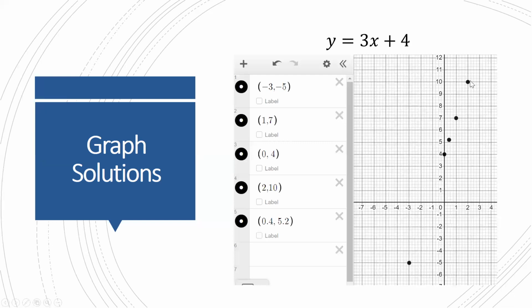What you'll notice if I do that, all of these points line up in one straight line. It turns out that every linear equation in 2 variables will have their solutions, all of the points that work, line up in a straight line.